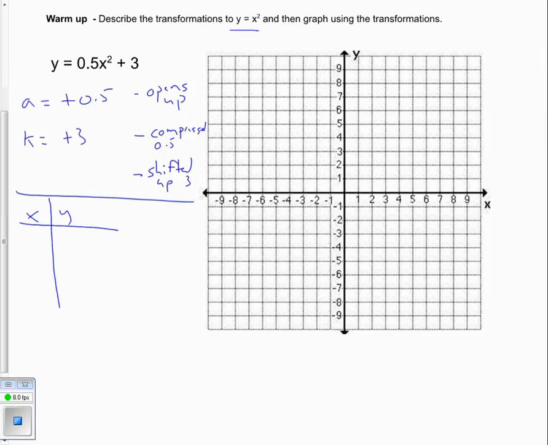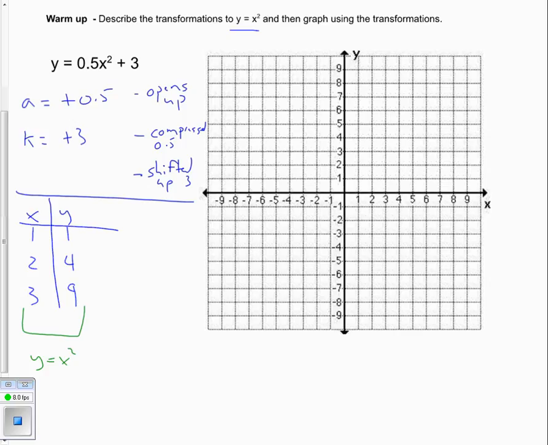Let's do a basic 1, 2, 3 over and up situation. The step pattern goes over 1, up 1, over 2, up 4, over 3, up 9. This represents y equals x squared, the parent form of a parabola that has not been changed in any way, shape, or form.